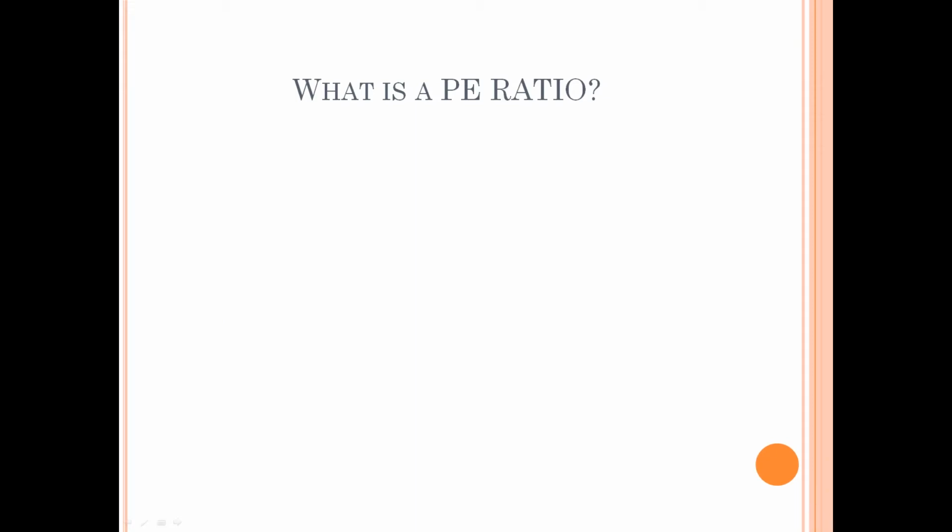A PE ratio, what is a PE ratio? A PE ratio is fundamental analysis, as opposed to technical analysis. Fundamental analysis deals with assets and liabilities and income and things that relate to the balance sheet and the fundamentals of a company, what a company is actually doing and what it's making and what it's spending and the cash it's bringing in, and evaluating these things in a numerical form that helps you understand the value of what you're purchasing.